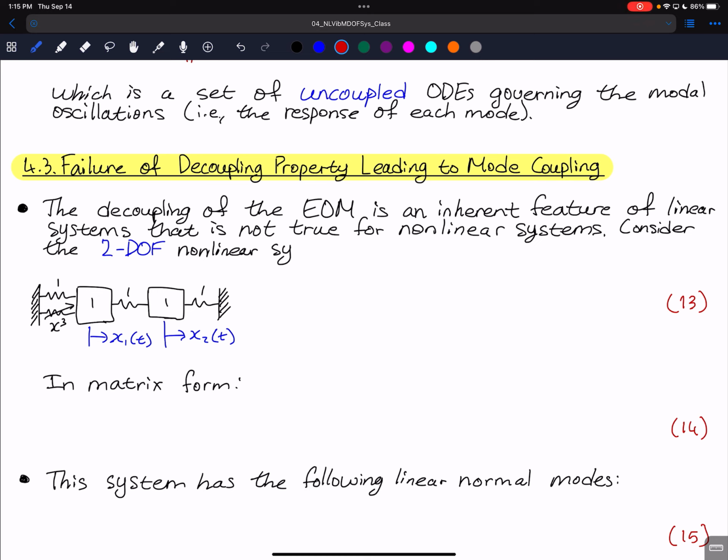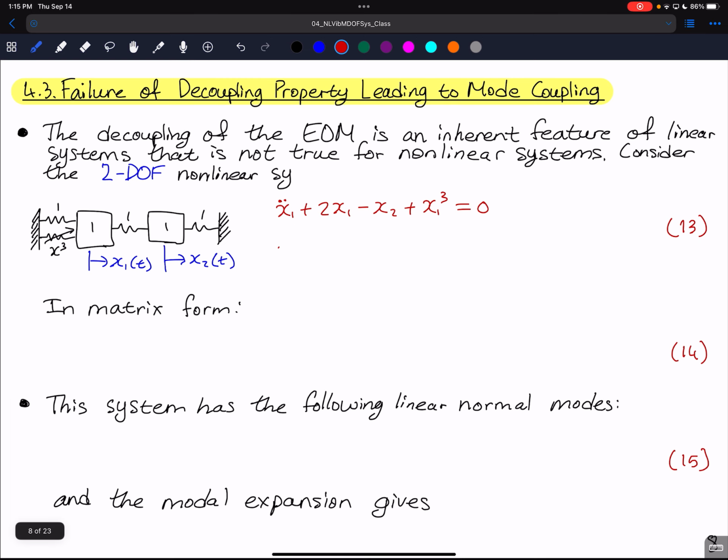So our first equation is x1 double dot plus 2 x1 minus x2 plus x1 cubed, equal to 0. The second equation is x2 double dot plus 2 x2 minus x1, and that is equal to 0.